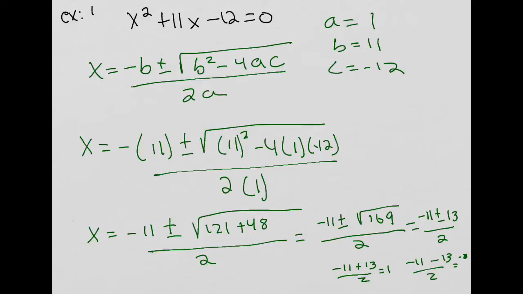Let's rewrite this a little bit smaller to make sure everything fits. Negative 11 minus 13 over 2, negative 24 over 2, negative 12. So my two answers for this quadratic are 1 and negative 12, and I solved it using the quadratic formula.